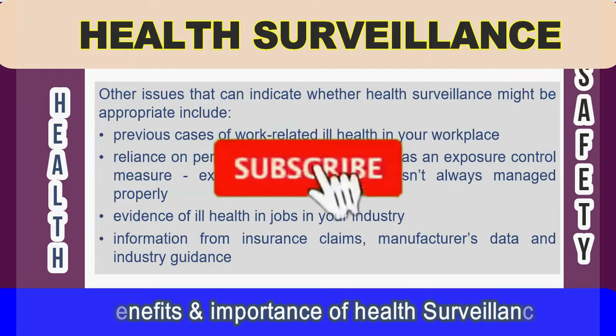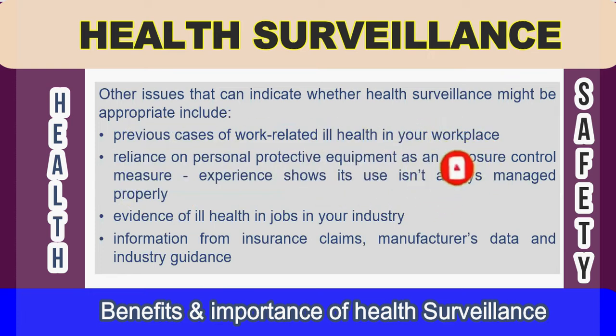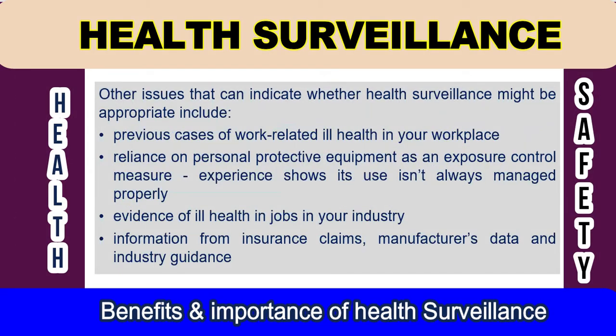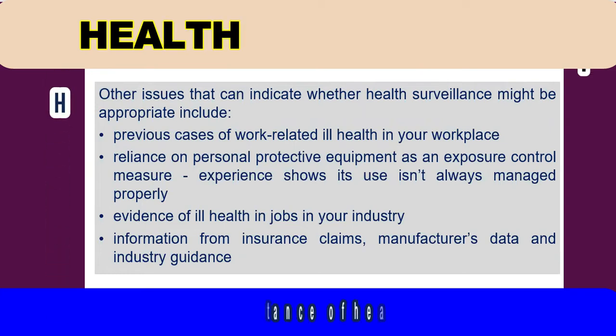Dear friends and fellows, there are other issues that can indicate whether health surveillance might be appropriate. It may include number one, previous cases of work related ill health in your workplace. Number two, reliance on personal protective equipment as an exposure control measure. Experience shows its use is not always managed properly.